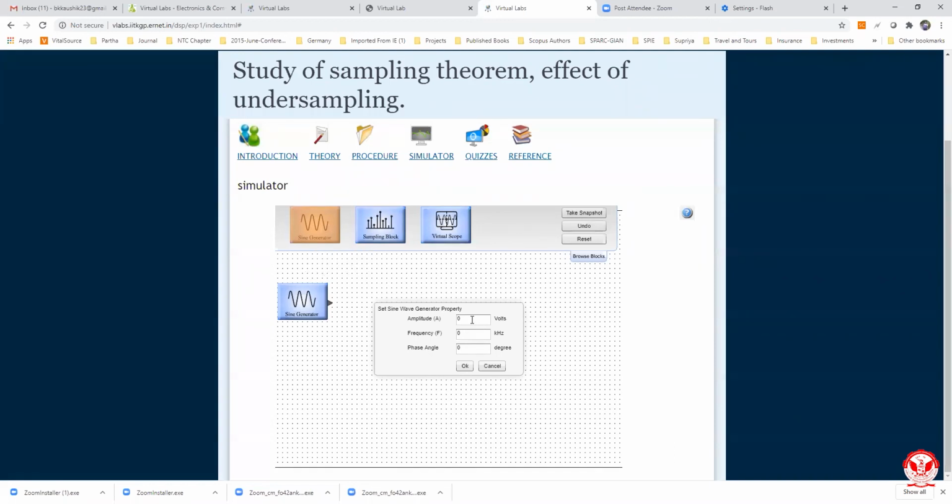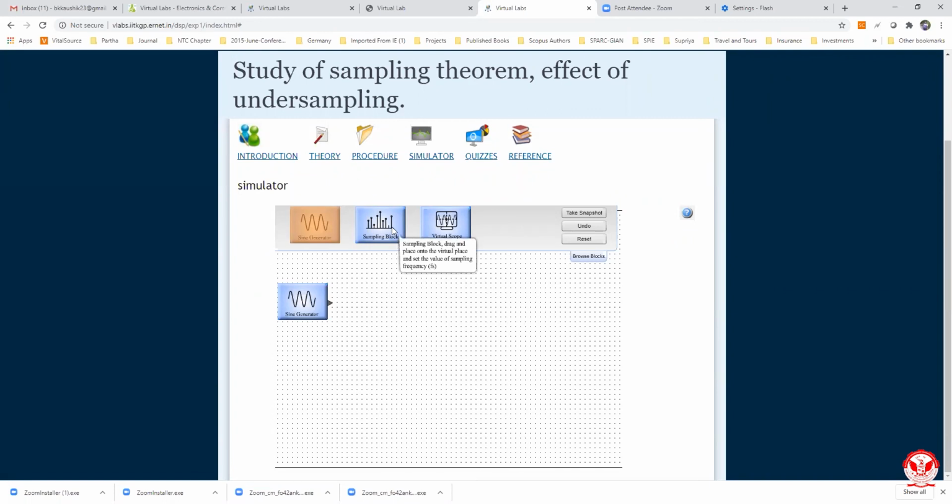So here we can set the amplitude, frequency, and phase together. For simplicity, we just take the amplitude 10.5 here, and the frequency we set to 2 kilohertz. Phase angle, initially we are taking 0. Now we click on the OK button, then this window disappears.